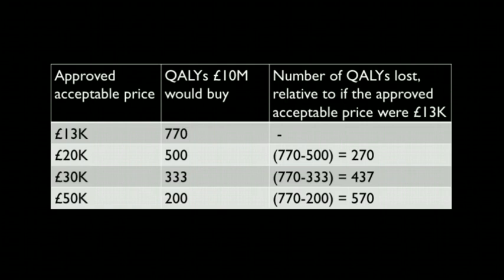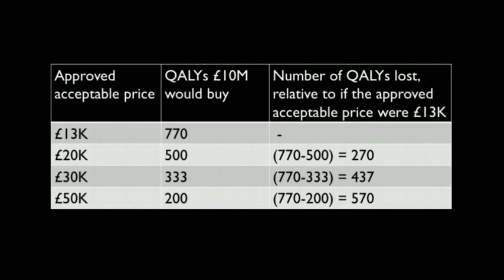Column number 1 of the table is the approved acceptable price. These are hypothetical situations where, in the first row, the UK says we're only going to give people drugs if the drug buys us one QALY at £13,000 or less.